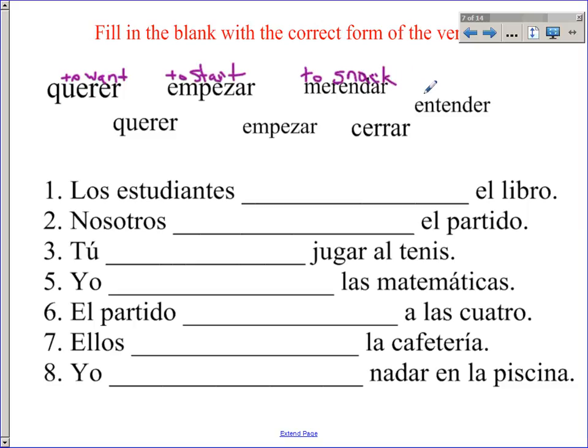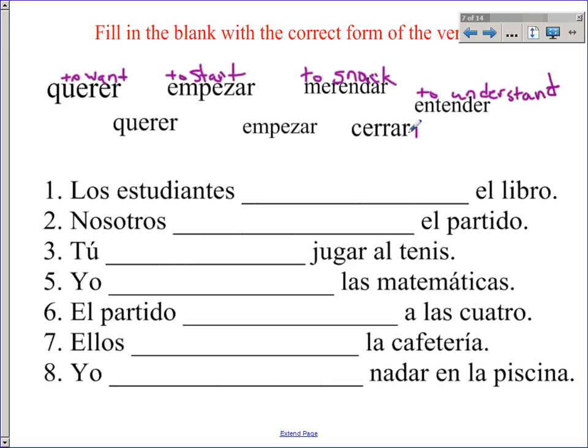Entender is to understand. So yo entiendo matemáticas would be a, well, that should be a D. Cerrar, we talked about.